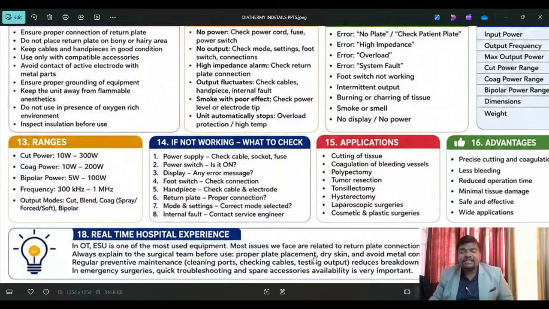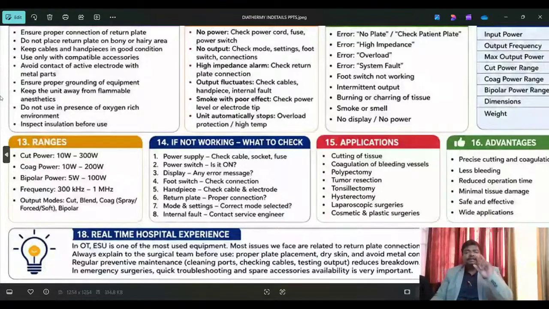Most issues we faced are related to return plate connection and cable faults. Always explain to the surgical team before use: proper plate placement, dry skin, and avoid metal contact. Regular preventive maintenance, cleaning ports, checking cables, and testing output reduces breakdowns. In emergency surgeries, quick troubleshooting and availability of spare accessories is very important.